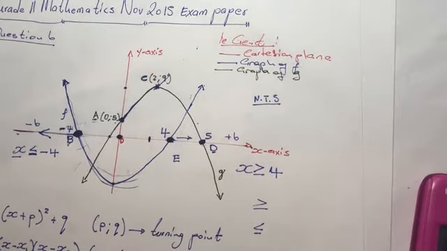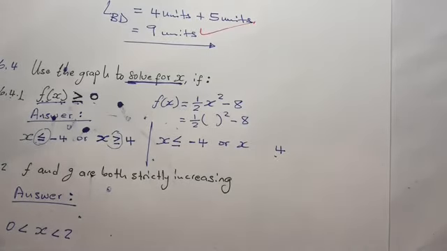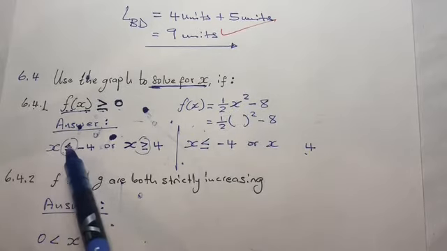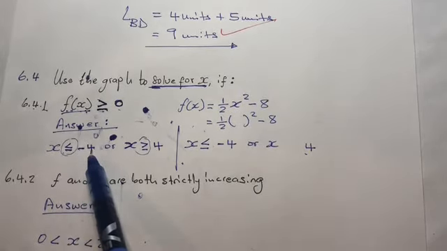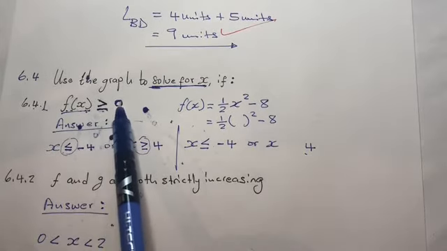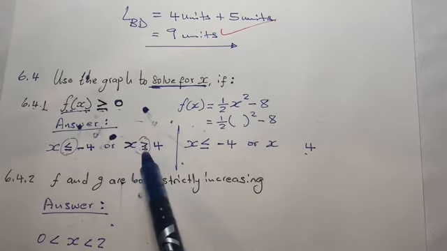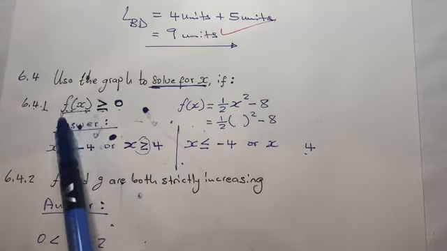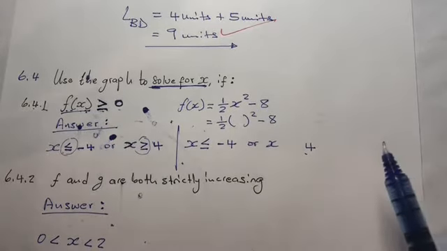So that's why the answer for this question is where x is less or equals to -4, that's where the graph of f is greater or equals to 0. And again, where x is greater or equals to 4, that's where the graph of f is greater or equals to 0.